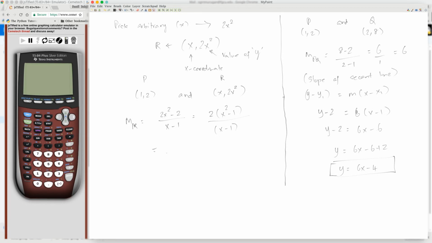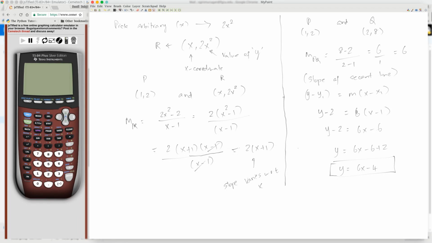And I could actually simplify this. I could write x squared minus 1 as x plus 1 times x minus 1. If you FOIL, you will get x squared minus 1. Those two would get cancelled, and I'd have 2 times x plus 1. So I have found the slope, and if you notice, this slope varies with respect to x.